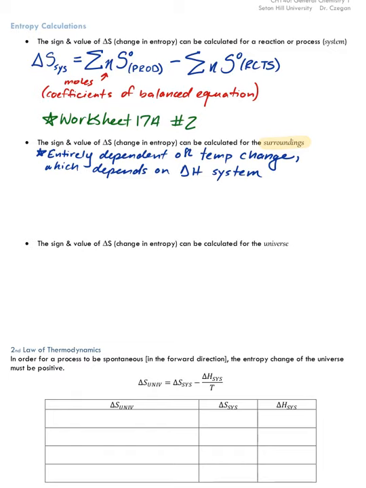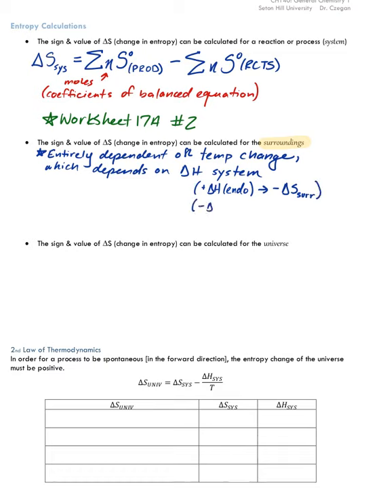So we can summarize here that for a positive delta H, which is endothermic, we will have a negative delta S of the surroundings because it will be getting colder.